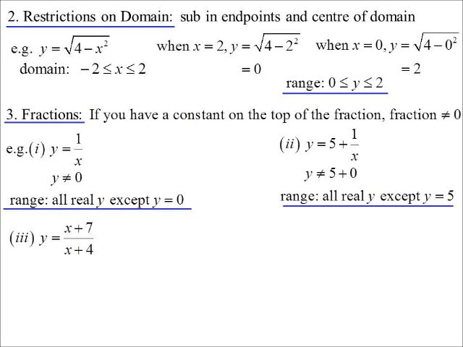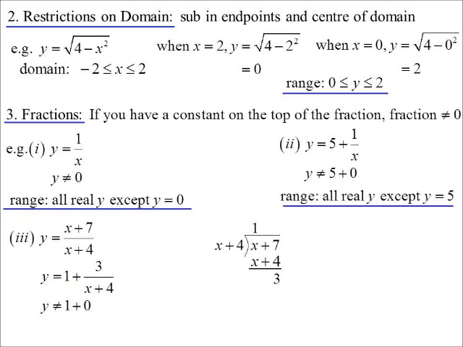Haven't got a constant on top this time, so it's not immediately obvious. But if I rewrite this fraction, instead of saying it as x plus 7 on x plus 4, and do a polynomial division, albeit a very simple one, I end up with 1 plus 3 on x plus 4. Now I can see it a bit better. Domain, I can see x can't equal -4.